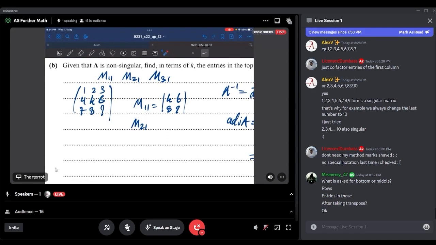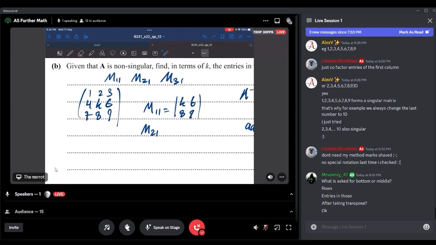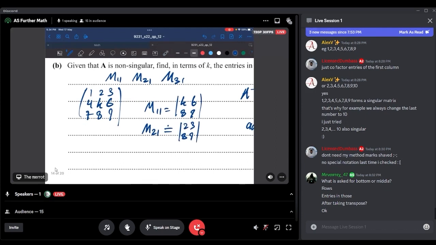So this is M21. This is the 2-1 entry. So deleting this, we have to take the determinant of what's left. That is 2, 3, 8, 9. And unlike when you take the determinant before, you don't have to multiply by this number.